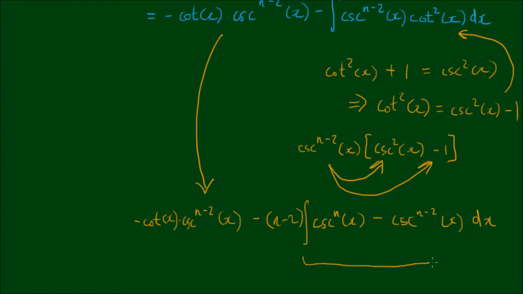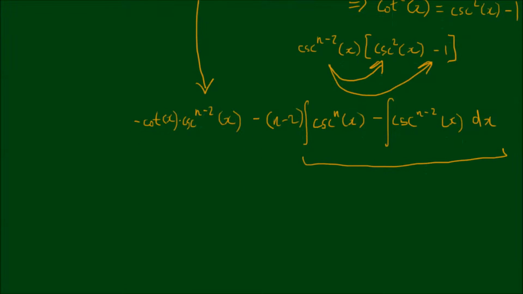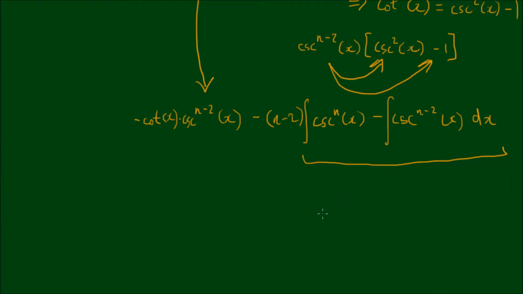Now this integral I can write as two integrals. So we have a trailing integral at the back. So expanding the n minus 2 into the two integrals, we have negative n minus 2 by the integral of cosec to the nth power of x dx plus n minus 2 by the integral of cosec to the n minus 2 power of x dx.